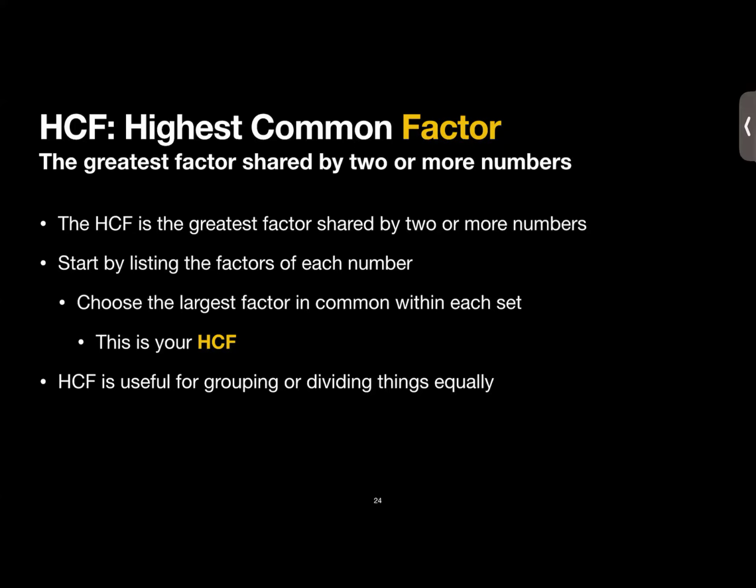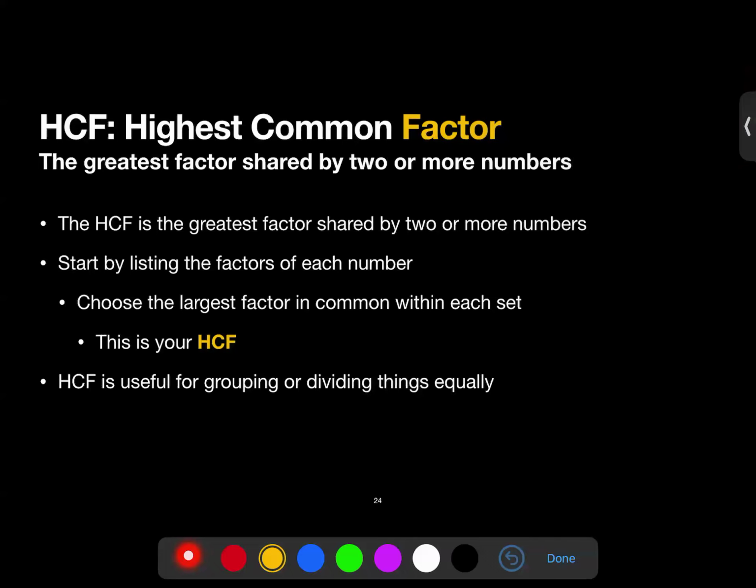So continuing on highest common factor. We'll find it in the same way as we do for the multiples. We will list the factors for each number we want to compare, and we will choose the largest factor that is common to each set. And this will be our highest common factor.